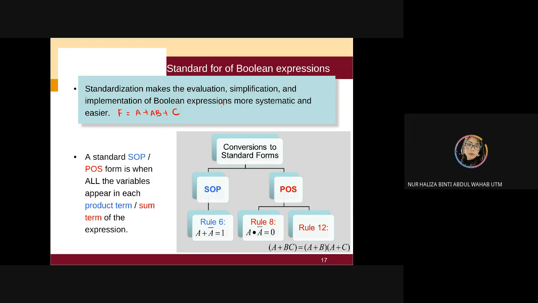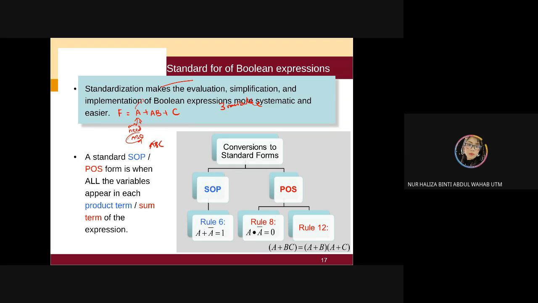You know you have 3 variables. And to have the standard Boolean expression, you need to know at this part, I need and must have A, B, C. I need to have A, B, C variables. Not in terms of you nak kena jadikan dia A, B, C.